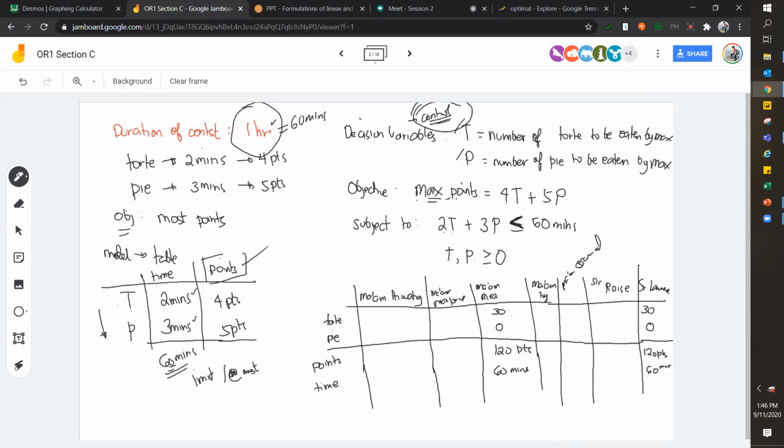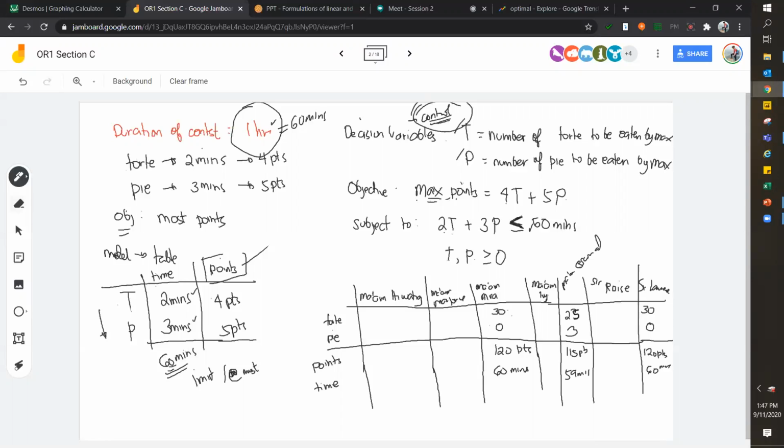Tatlong pie, 25 na torte. So, sa result, ilang points siya? 115. Then yung time, 25 times 2, 59. Good. Which is pasok pa rin siya doon, di ba?